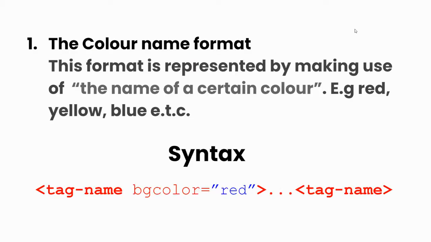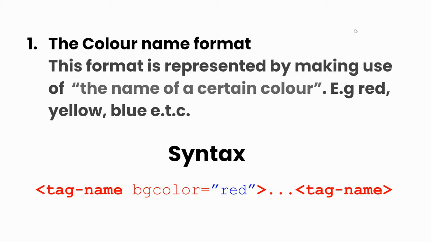For the first format, we have the color name format. This format is represented by making use of the name of a certain color, e.g. red, yellow, and blue. Like I said before, it's something we are already popular with and conversant with. Everybody knows red, yellow, blue, green, and all the other colors.